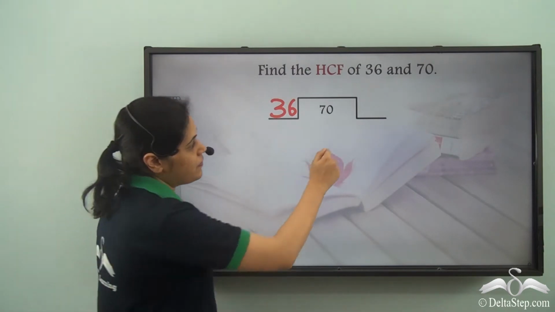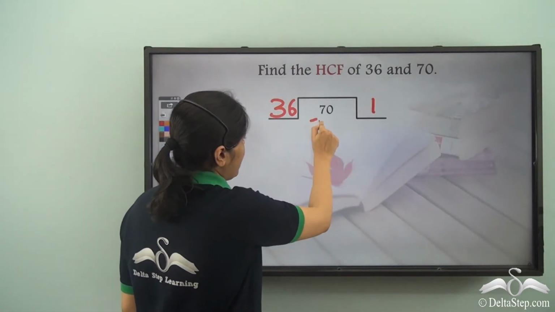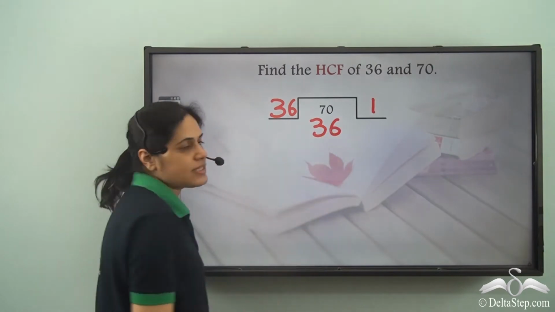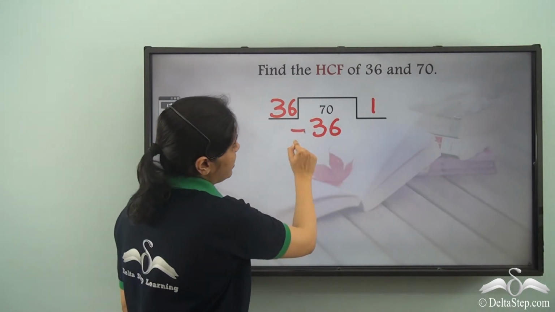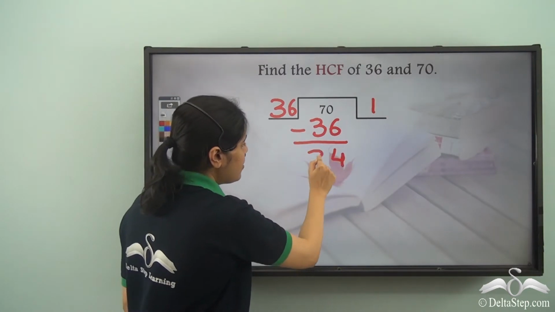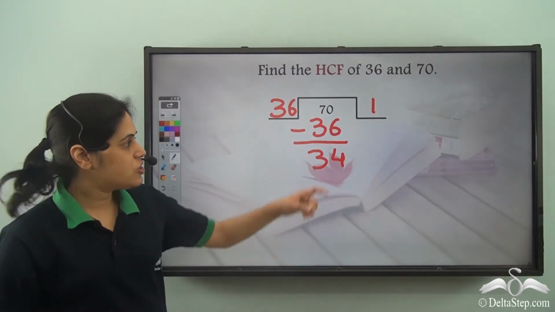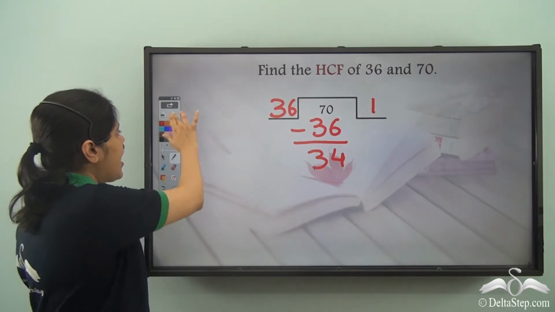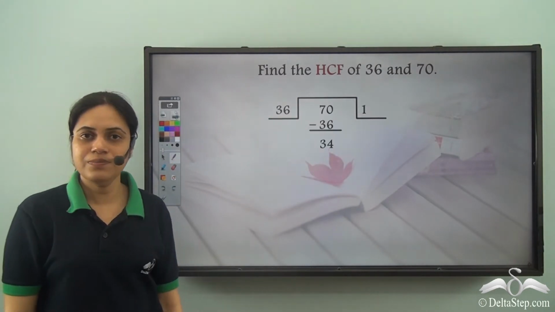One time. So 1, 36 into 1 is 36 and I need to subtract it. If you subtract it, you get a 4 here and a 3 here. So you get 1 as the quotient and 34 as the remainder.